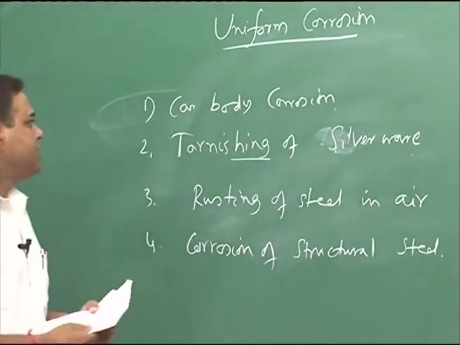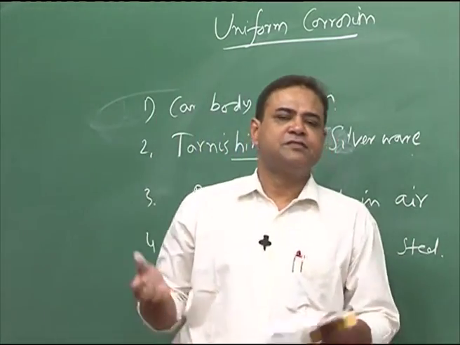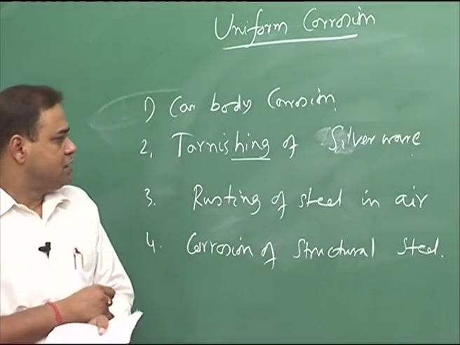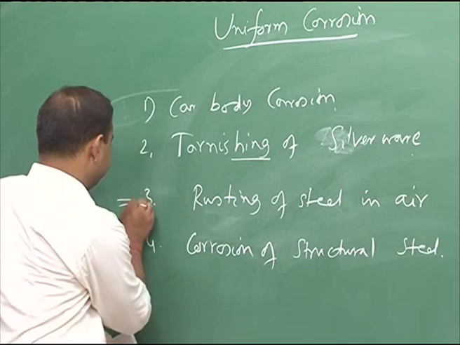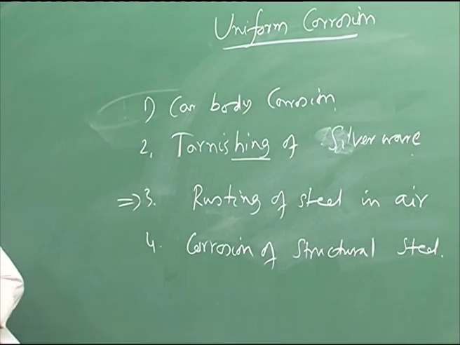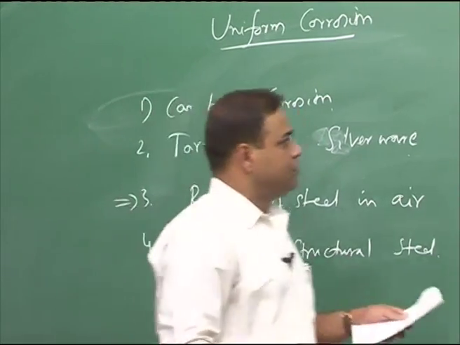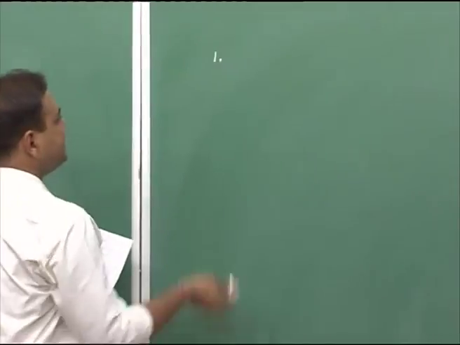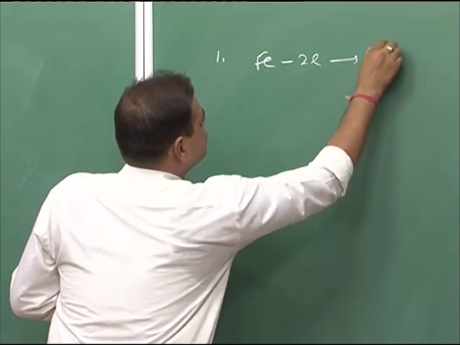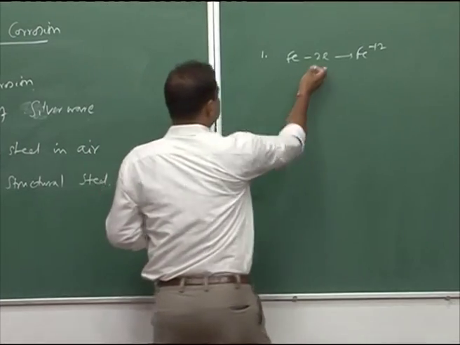Now, when a body is exposed to the atmosphere, there is a possibility of uniform corrosion all throughout the section. If you consider this example, the equations that govern corrosion are as follows. One is Fe goes to Fe2+ plus 2e, this is the anodic reaction.